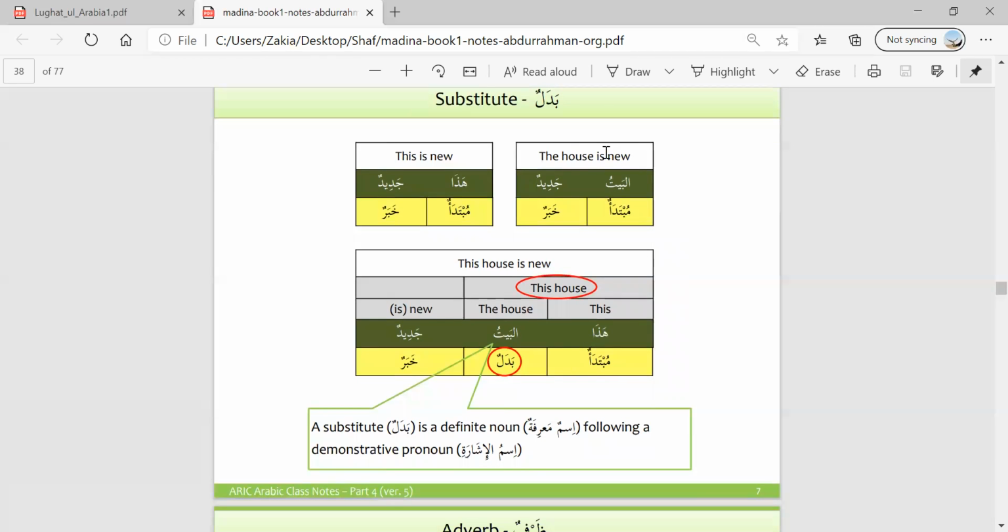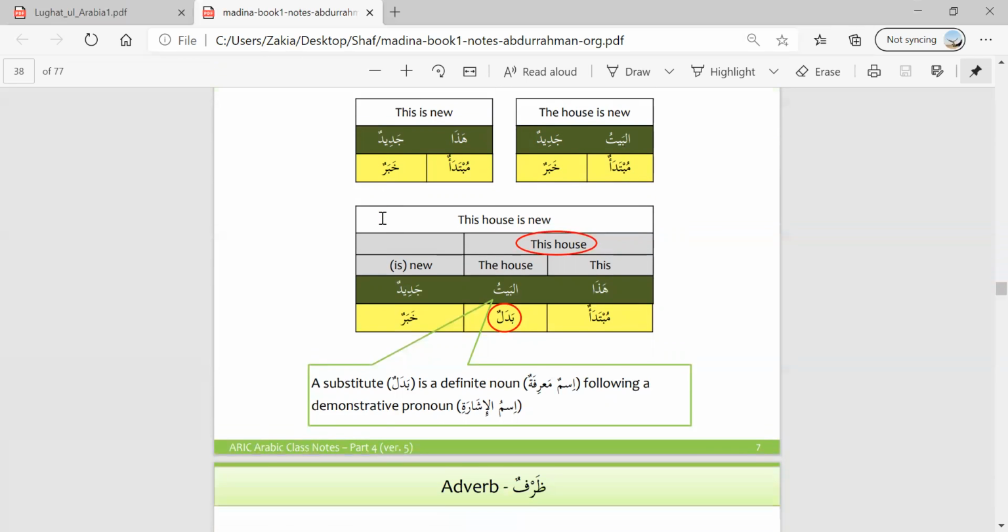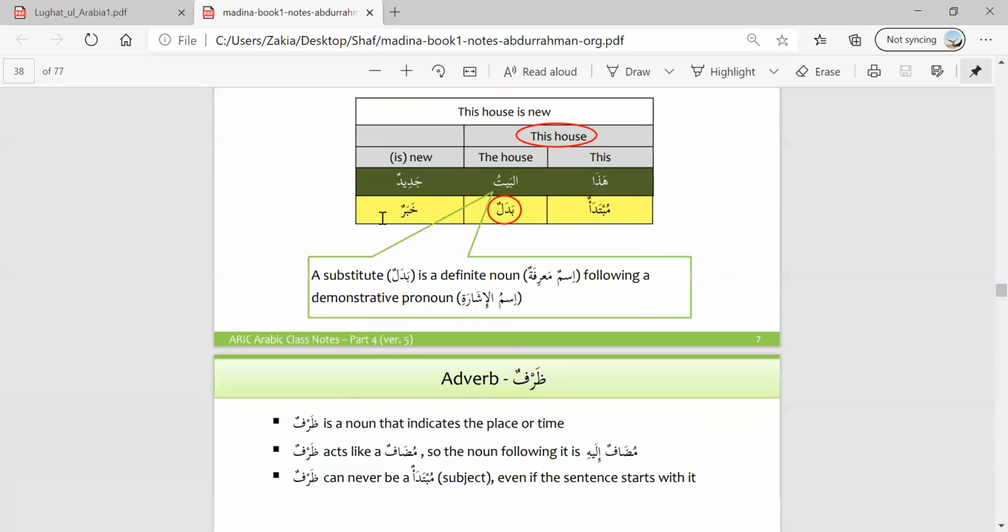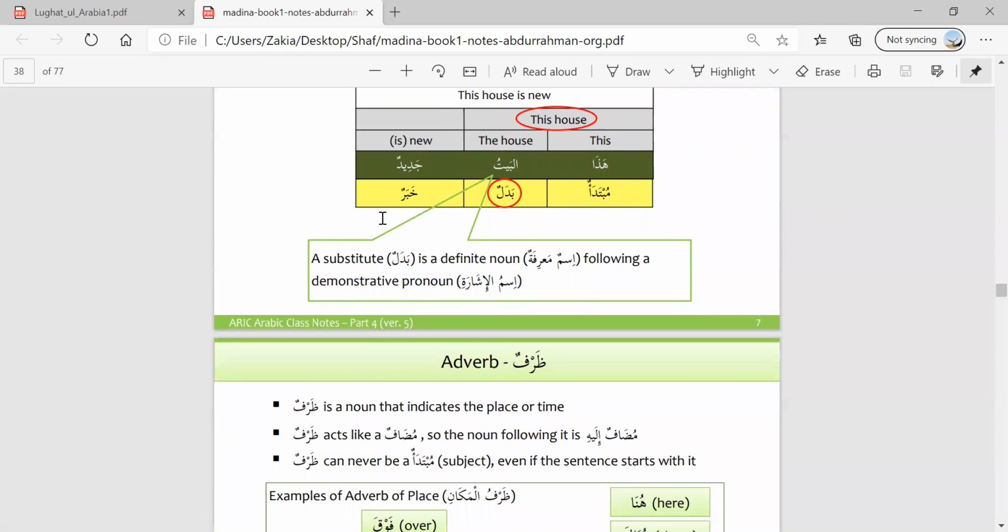Okay, so here we have the house is new: mubtada, subject; khabar, information. Mubtada, we already said in the previous session that the subject can also be hadha. Okay, and khabar is jadid. So here's the grammatical term. This is mubtada, the subject, and then we have al-bayt, which is badal.